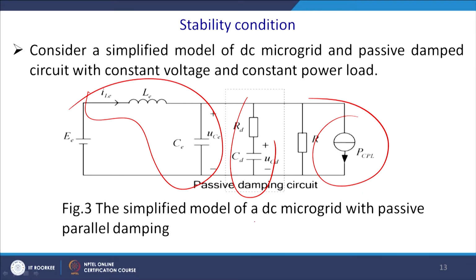You add extra damping resistance to damp out the oscillation, that is Rd Cd, and this is the simplified model of the DC microgrid with the parallel damping.